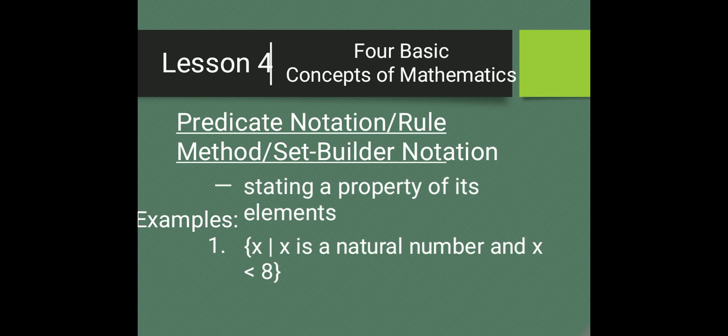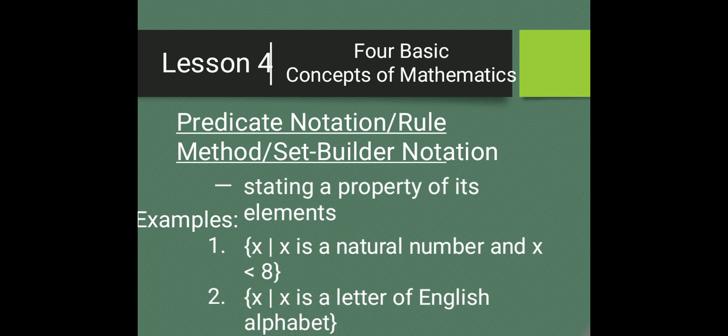Set A is the set of all x such that x is a natural number and x is less than 8. So alam natin yung mga laman ng set na yan, but we don't write them or we don't list them one by one. So state natin yung property. So ang tawag sa method na yan in specifying a set is ang rule method or set builder notation.